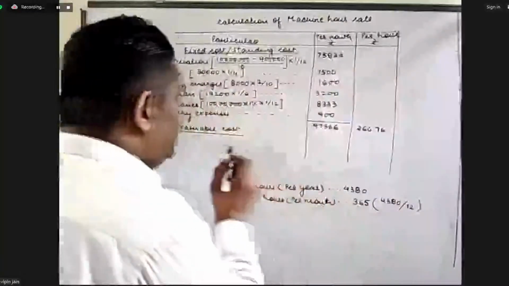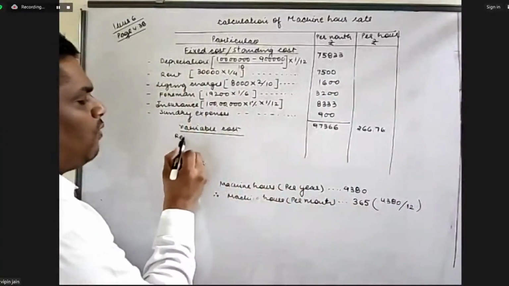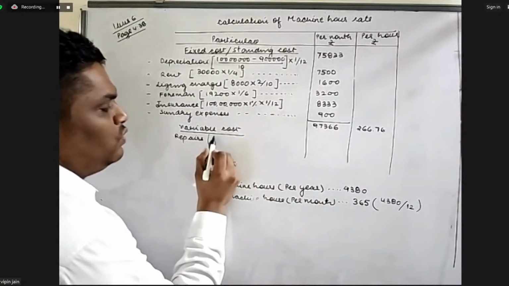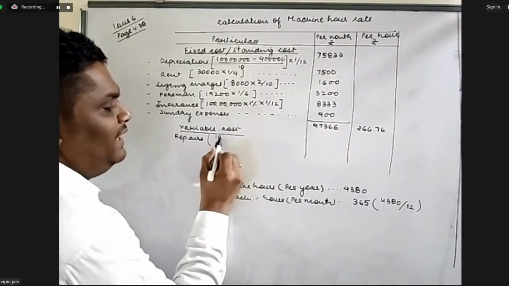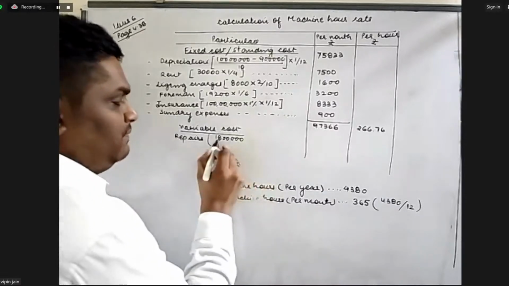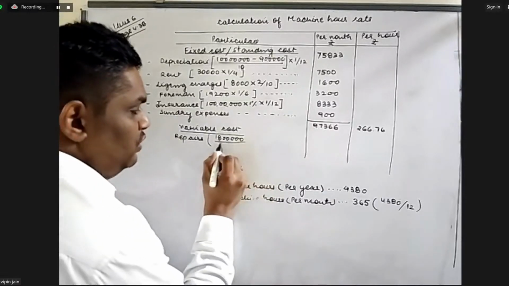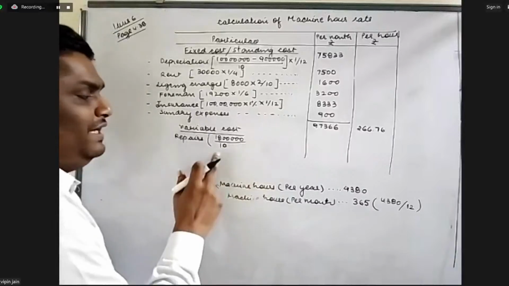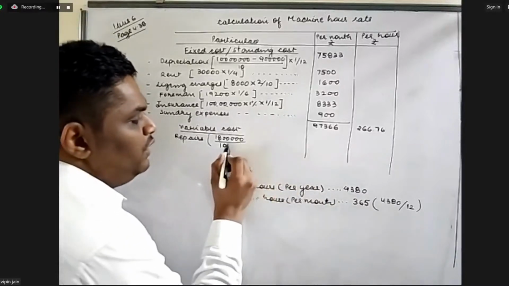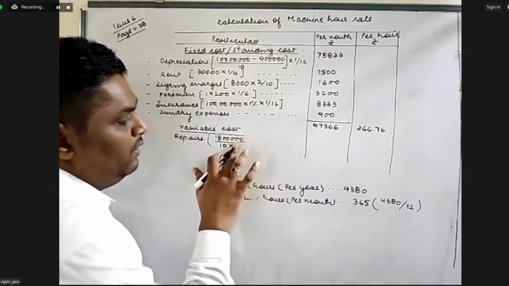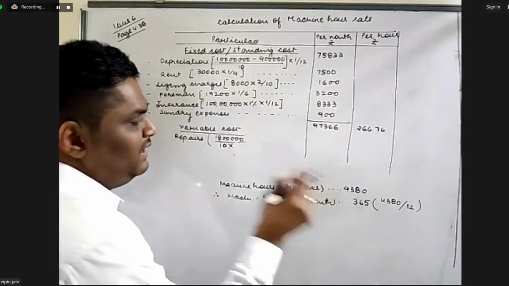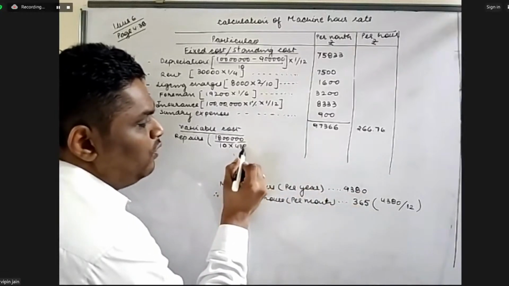So now when talking about repairs, it is given that the total cost of repairs is 18 lakh for the entire life of the machine. So divided by 10, we will get it per year, and if we want to calculate per hour, into 4,380, because the machine hours in a year is 4,380.